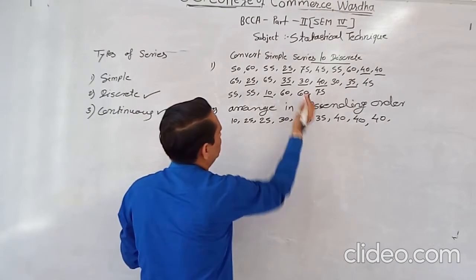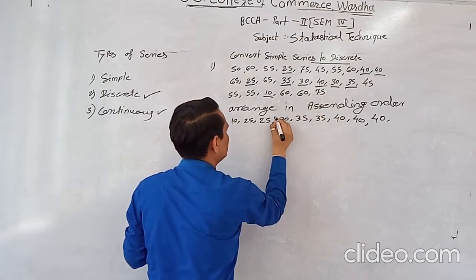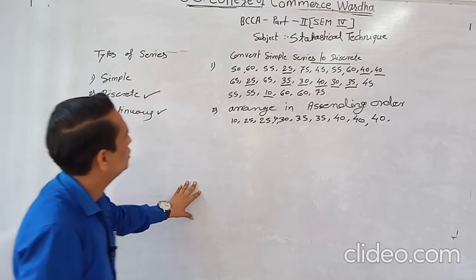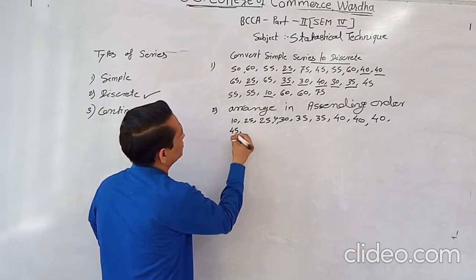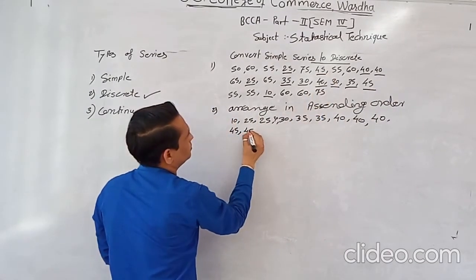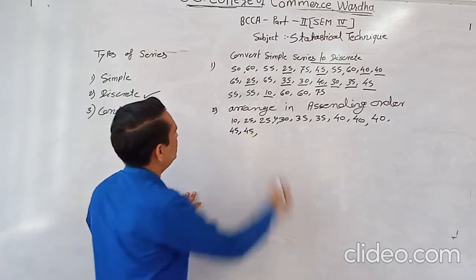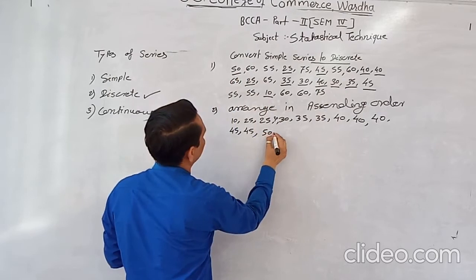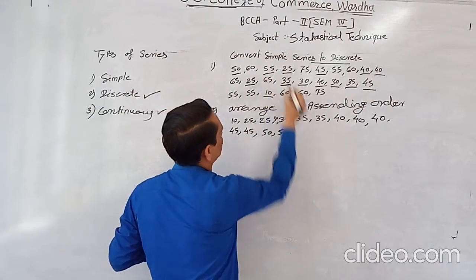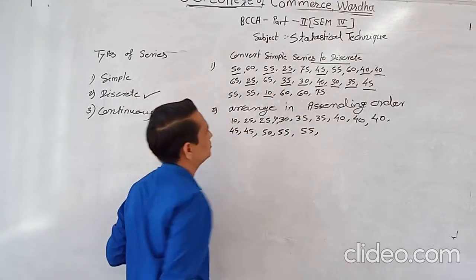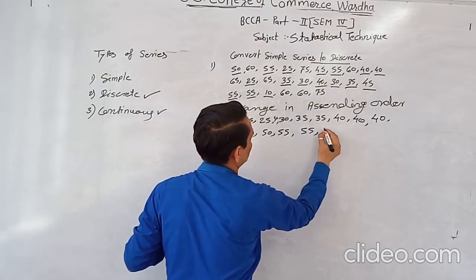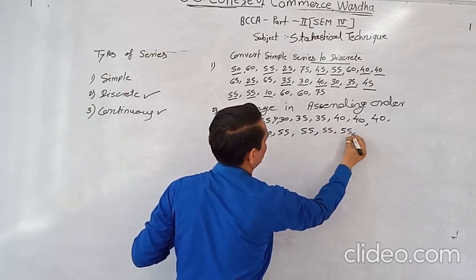Then 45, again 45, then 50, then 55, which appears 5 times.